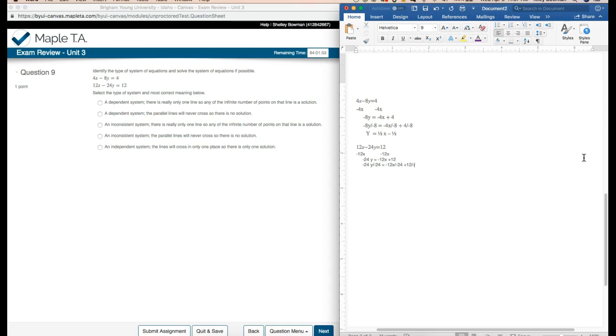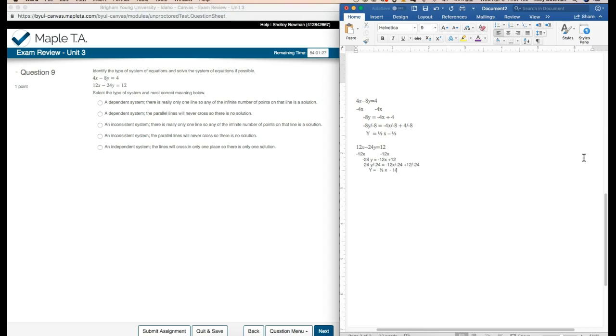Okay, so negative 24 divided by negative 24 is positive y. And then on the right-hand side, 12, negative and negative makes a positive. And 12 over 24, divide those both by 12, gives me 1 over 2x. And then a positive 12 divided by a negative 24 gives me a negative.